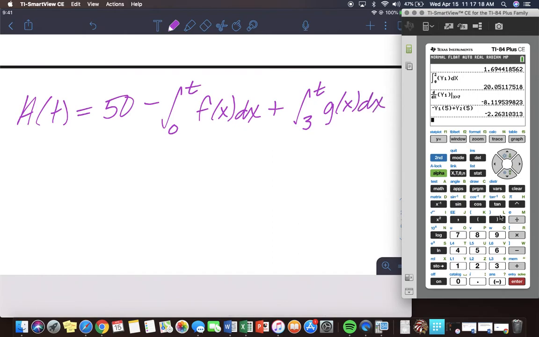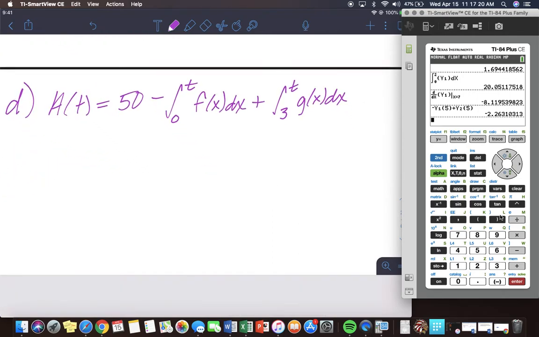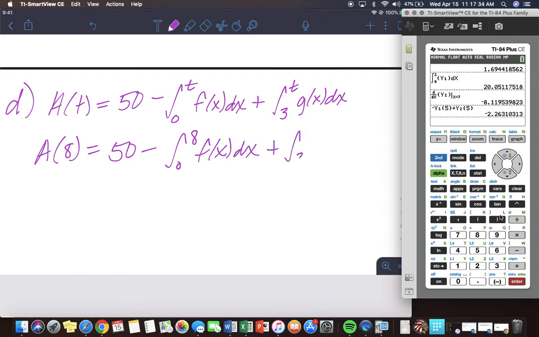I want to know how many are on there at t equals 8, so I'm just going to plug in 8: the integral from 0 to 8, and the integral from 3 to 8.